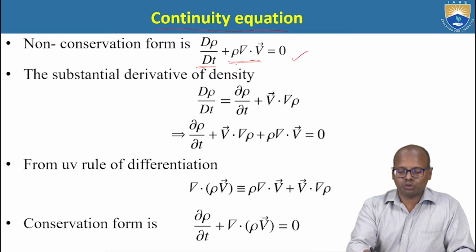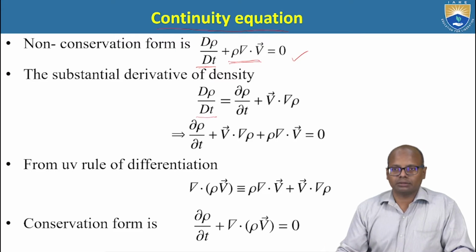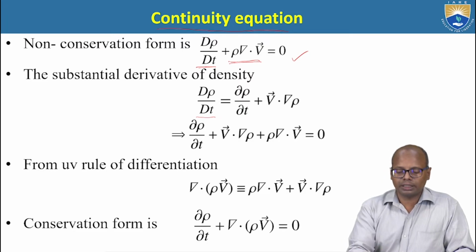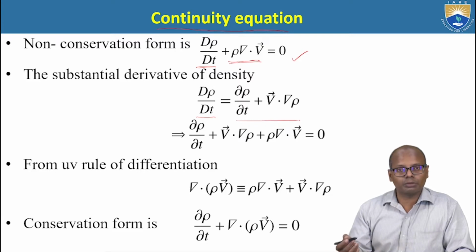It has two parts. First we will see d rho by dt. This d rho by dt can be expanded like this. On what basis?